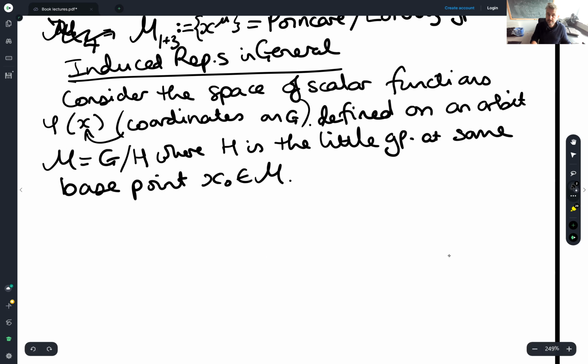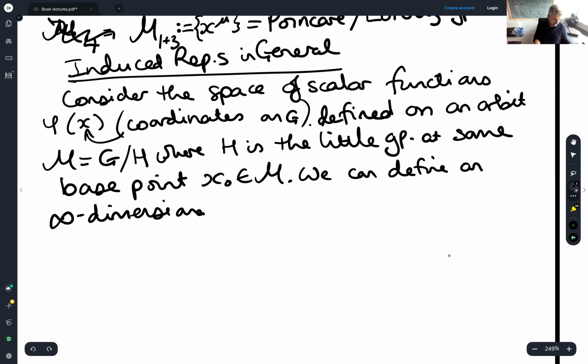So we can define an infinite dimensional representation of G, big D we'll call it, using the following.